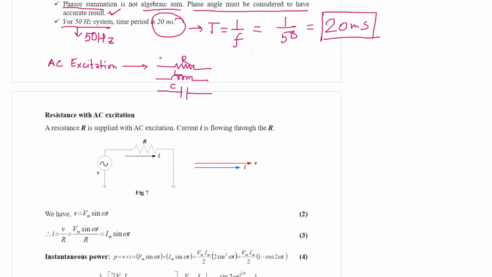So this is number 1, this is number 2 inductor, number 3 is the capacitor, and then number 4 is series RL. So we have a resistance and an inductance in series. Then number 5 we have resistance and capacitance in series. Number 6 we have R, L and C.